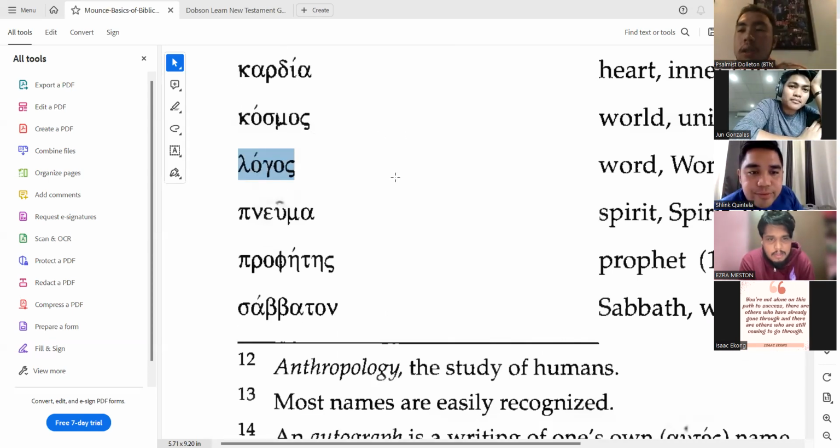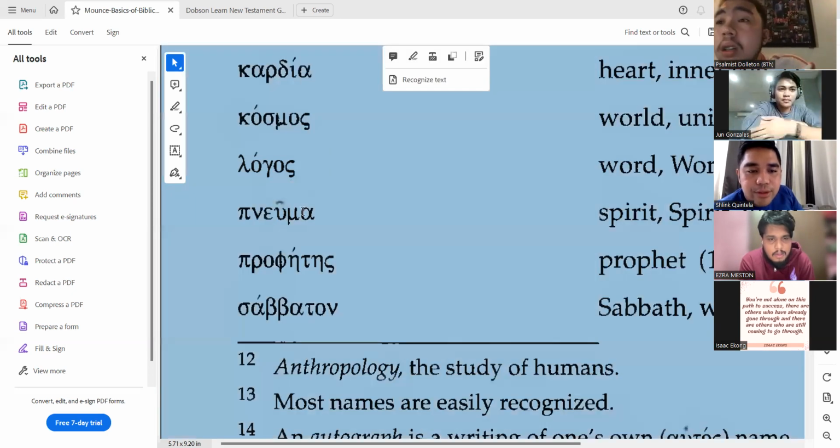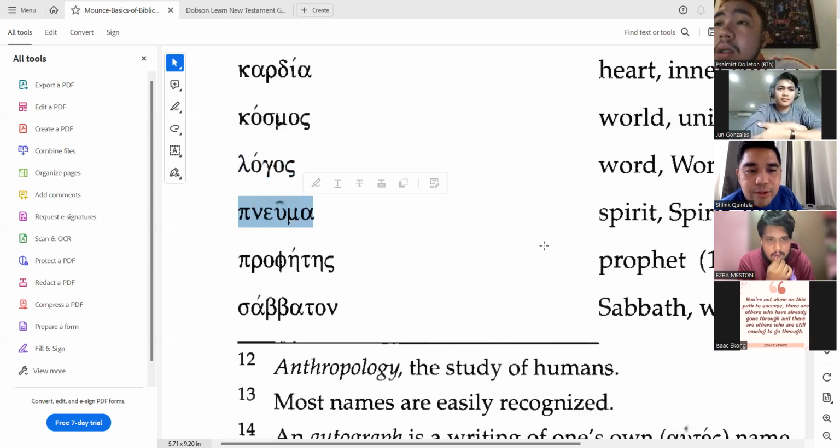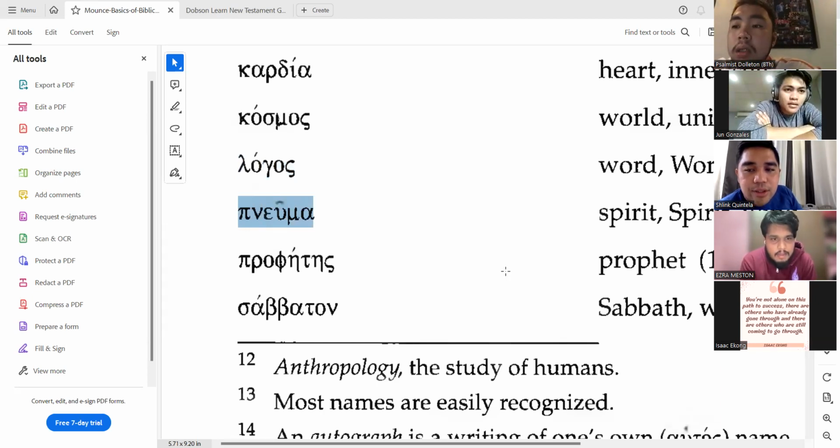It's logos. Logos, good. And then, oh wait, this is a difficult word. I will read this, okay? So this is a pe, which is a pi, and then a nun.